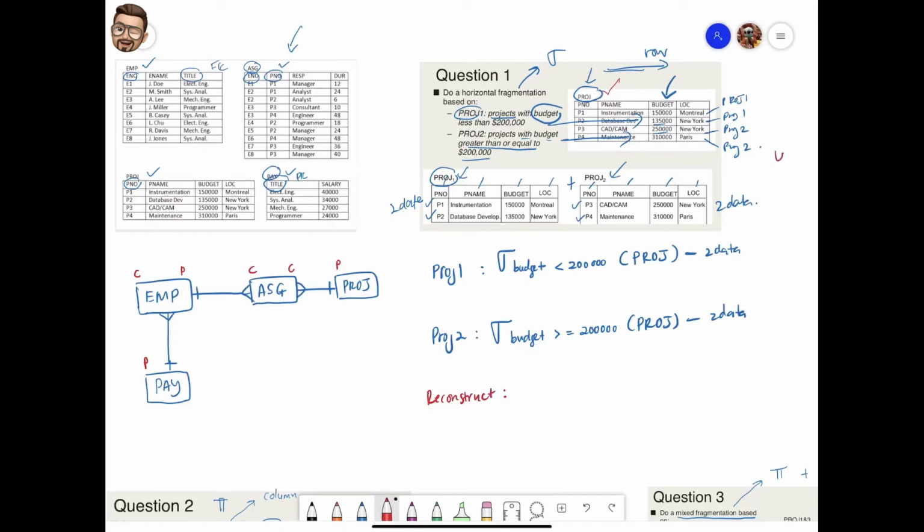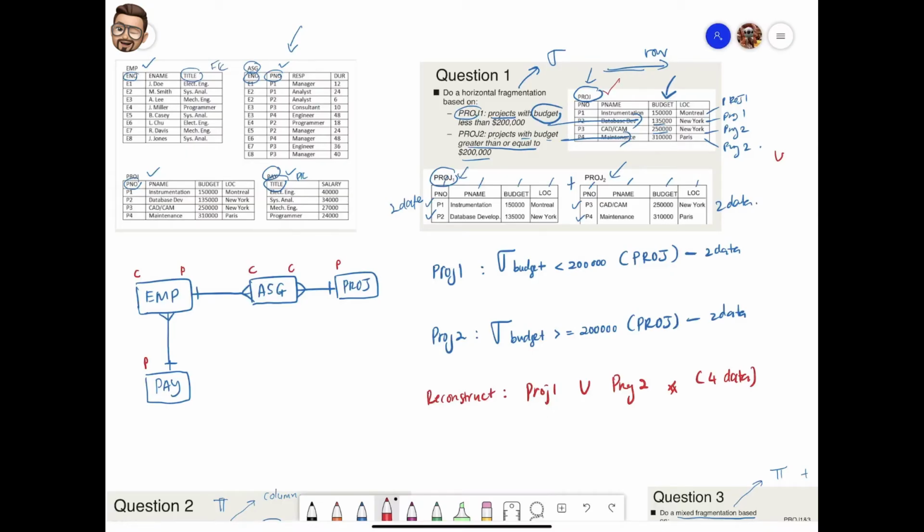we will use the union operation. Since they have the same schema, we can do a union operation: project 1 union with project 2. Then you have 4 data again as one big table. So this is the reconstruction. You need to remember that after you have done the fragmentation, you can combine back all the fragments to become one big table again.